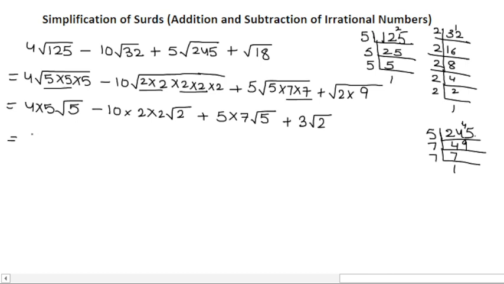Okay, so what I have is 5 fours are 20 root 5, minus 10 times 2, 20, 20 times 2, 40 root 2, 5 times 7 is 35 root 5, plus 3 root 2.